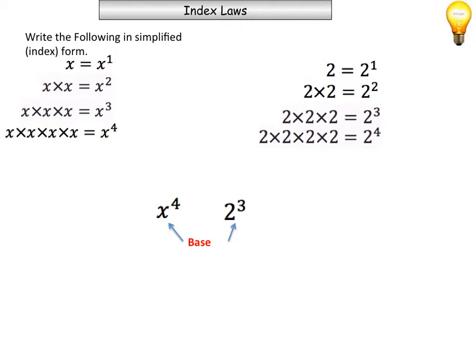And this is really important for index laws because we need to make sure that when we're applying our index laws that we are applying it only to those numbers or indices which have the same base. And these numbers here and here, they are called the index, and hence how we call it index laws. So let's have a look at how that works out.